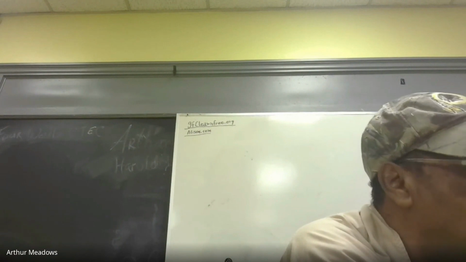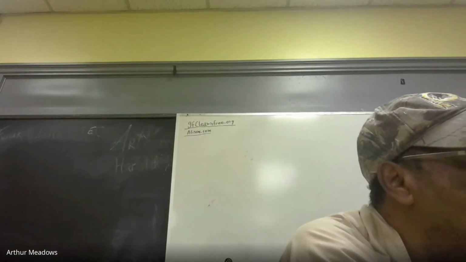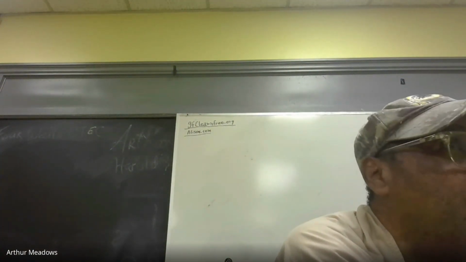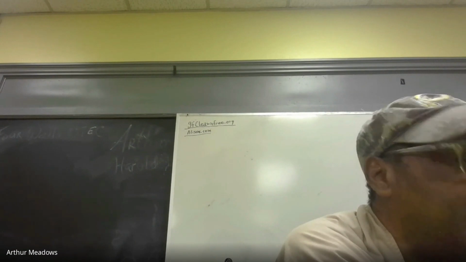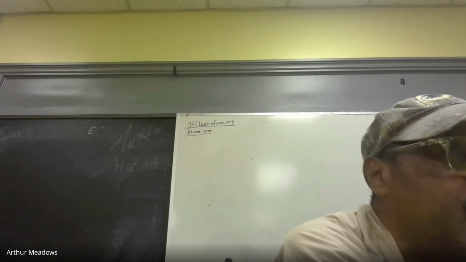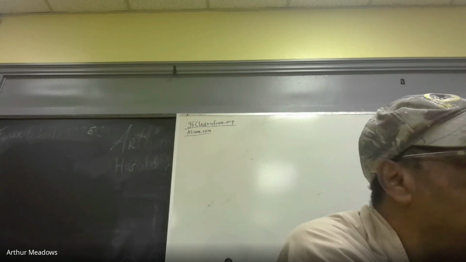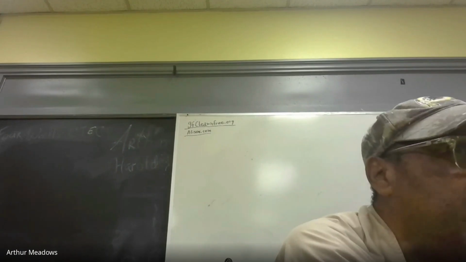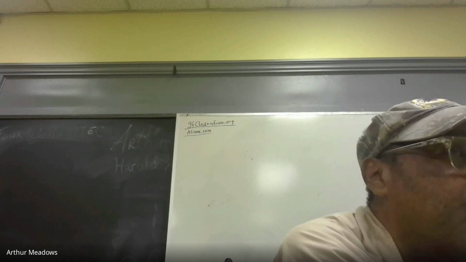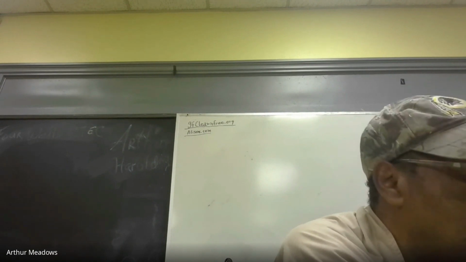That's going to be 2.54. You got to multiply 66 inches by 2.54, and that's what you come up with in centimeters. What's your answer? 167.64.